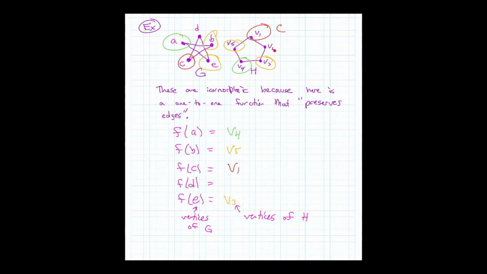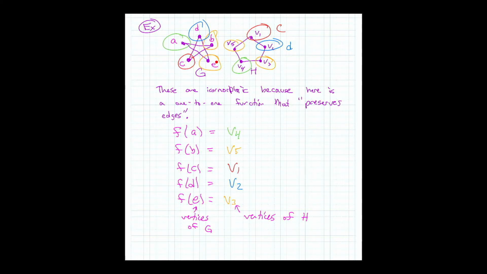And then V1 is connected to V2. Here C is connected to D. Let's pick another color, blue. So D must be V2. And then just to double check that we did this correctly, you go from C to D to E. Here you go V1 to V2 to V3.